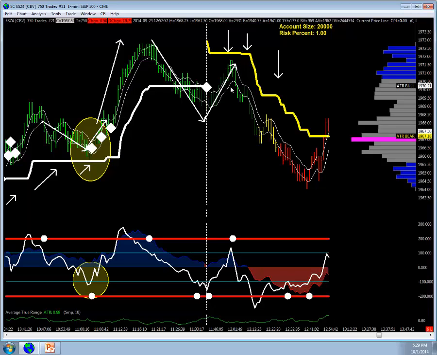Structurally, it's a pullback. There's no more energy. Guess what's going to happen? You see what happens, but what's the normal sequence? Price is going to come back down. Where do we want to enter the trade? We want to get a pivot, and we want to enter the trade on the right side pivot rule. So, somewhere in here.